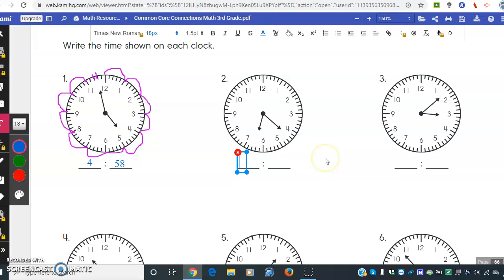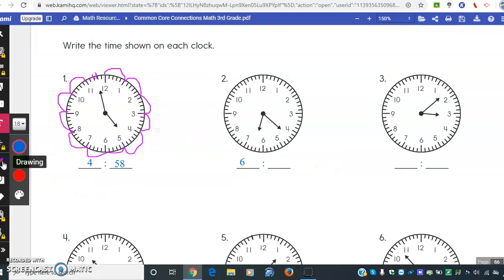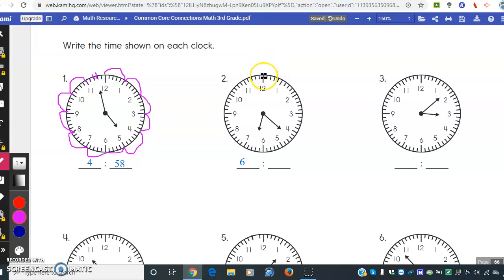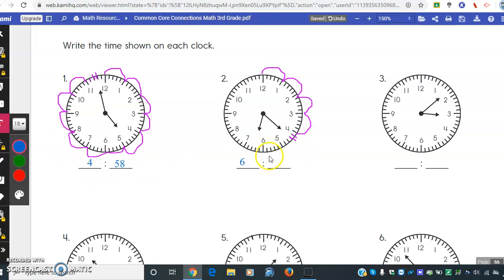So we're going to go ahead and put a 6 o'clock here, and then we're going to count by 5s for our minutes. Starting here, this is 0, remember. First jump, there's 5, there's 10, 15, 20, 21, and 22. That is pointing to the 22. So it is 6:22.